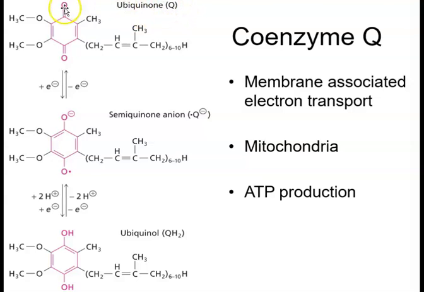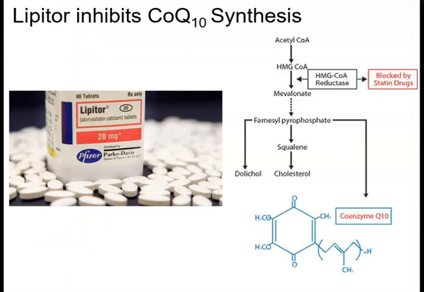Ubiquinone is Q here, shown, and then you can have the addition or subtraction of electrons, semiquinone, and then ubiquinol. So these are all involved in carrying electrons on the electron transport chain. Lipitor again can block this. You can kind of see acetyl-CoA, HMG-CoA.